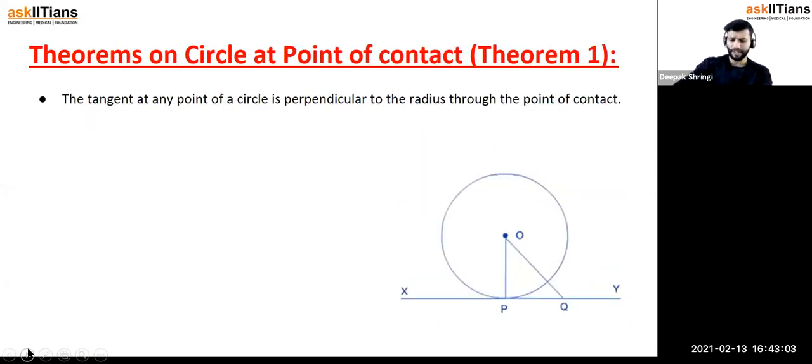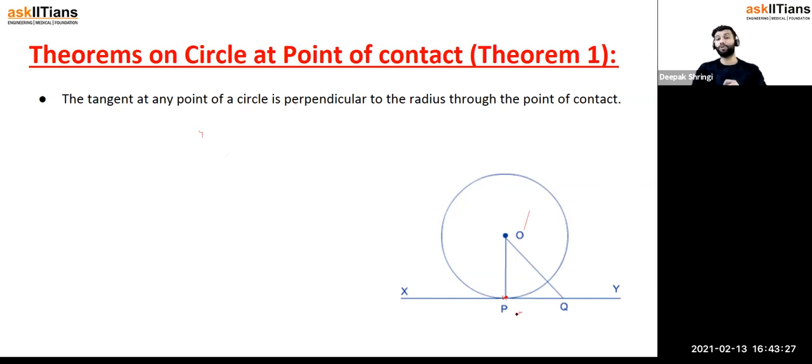Okay guys, look. Theorem number 1 states that the tangent at any point of a circle is perpendicular to the radius through the point of contact. You can see the tangent in the figure. There is a point P of the circle at which we have drawn the tangent.